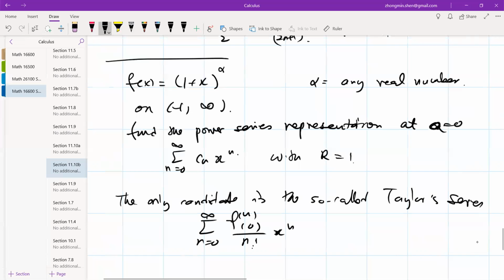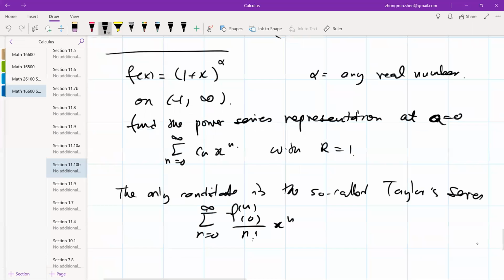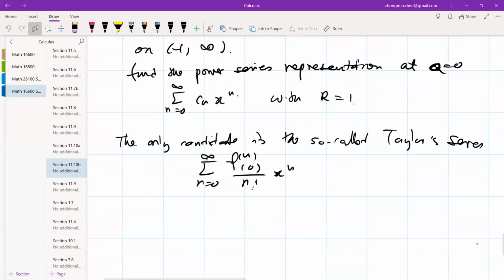You have to write down the Taylor series, but then you still have to prove it converges to the function on the interval from -1 to positive infinity. But let's find this candidate first.